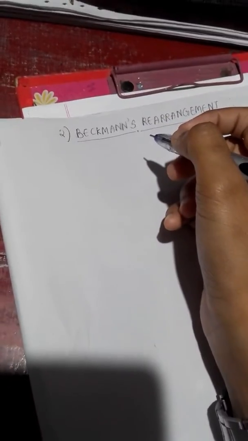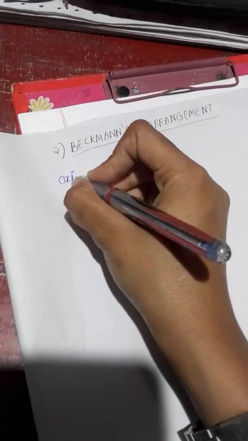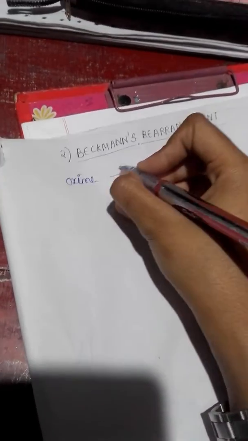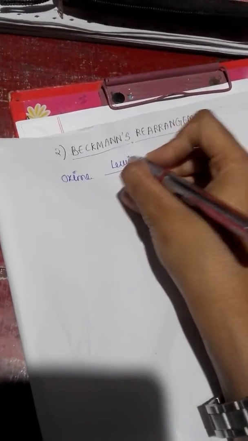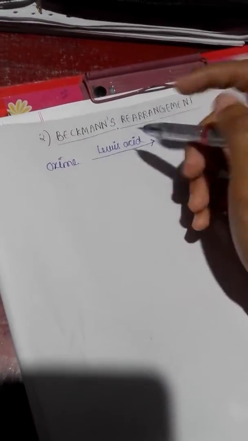For this Beckmann's rearrangement, generally what happens here is that there is an oxime, and it is the substrate, and with this, if we add a Lewis acid as the reagent, then the product that we get is the amide, and this is basically the reaction, right?